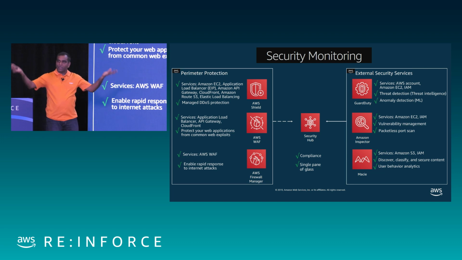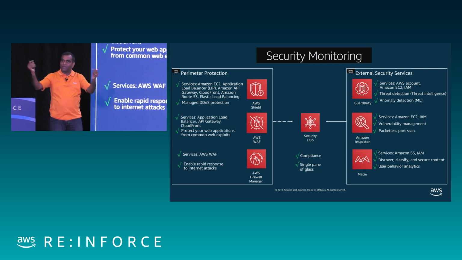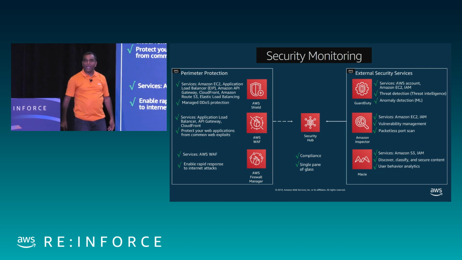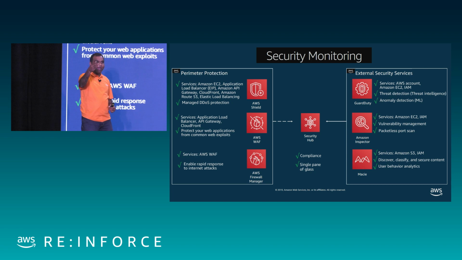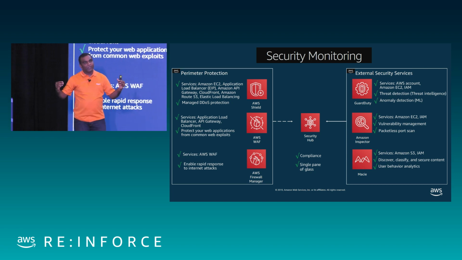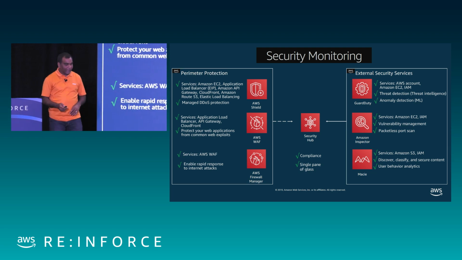Once you turn on all these services, they're all feeding into one central Security Hub where you can see what's happening within my accounts: what is happening to my network, what is happening to my infrastructure, what is happening to my data. Everything you turned on is feeding into one central place called Security Hub. And then by going to the Security Hub, you will see the posture, what's happening across all your accounts.